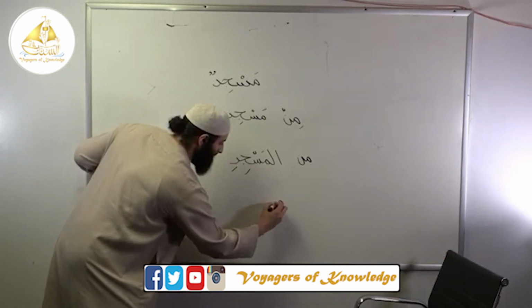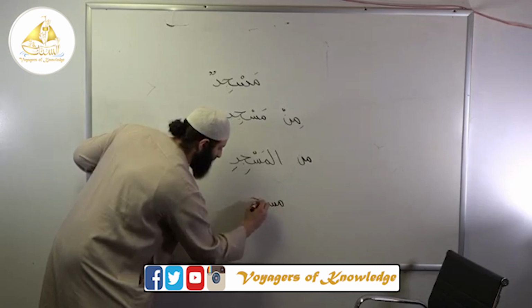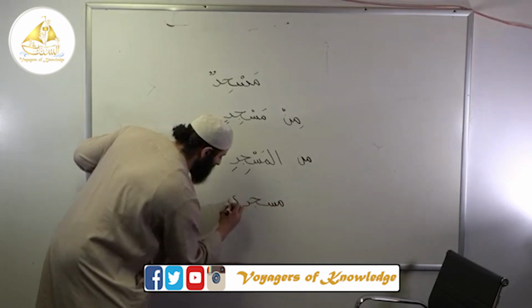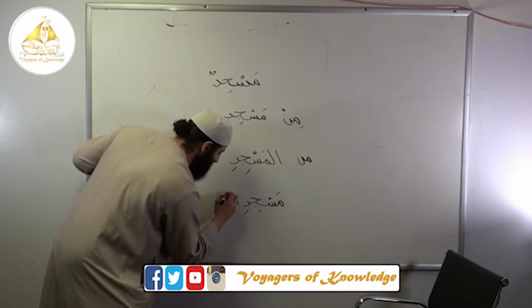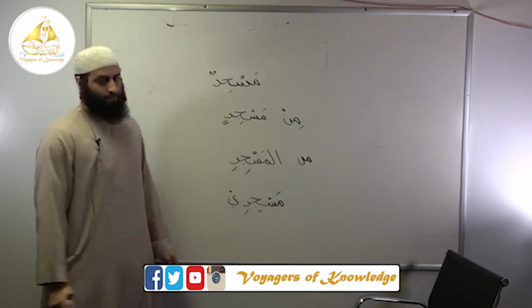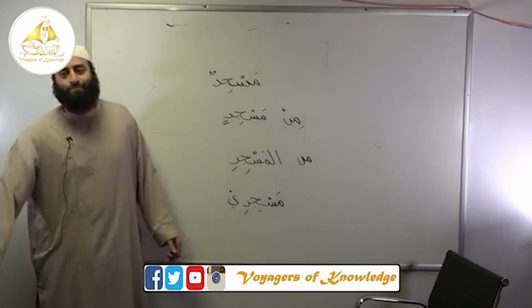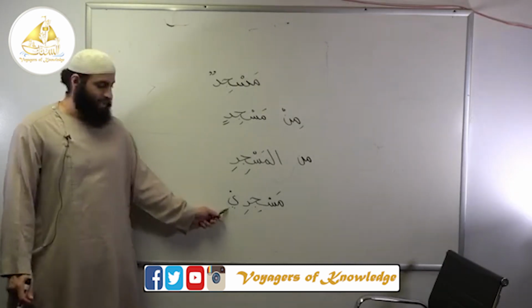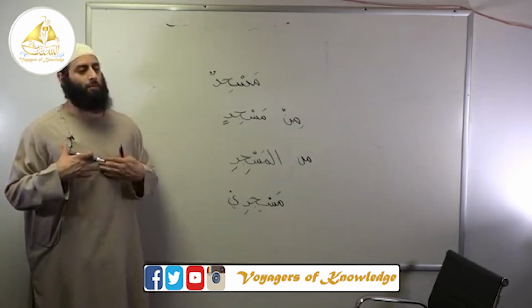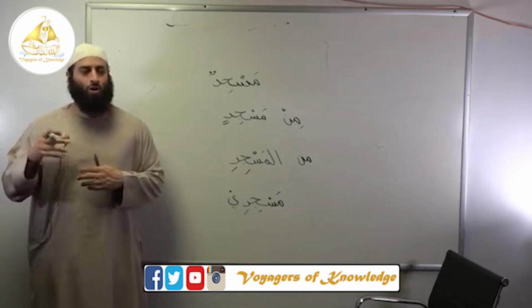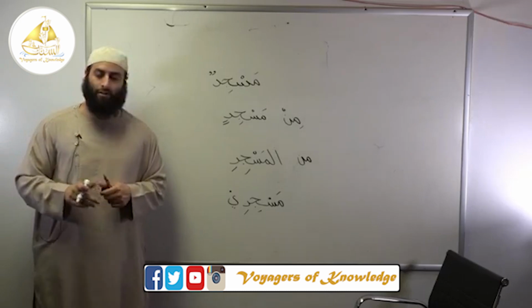It's written with a ya. Masjidi. If this ya gets attached to any noun in the Arabic language, it usually means my, or belonging to me, or I'm part of that, right?